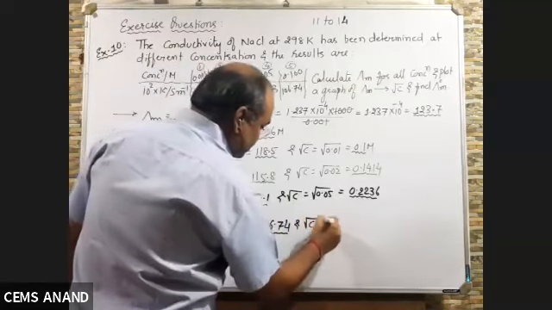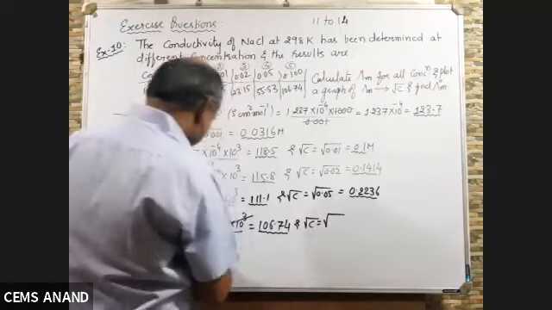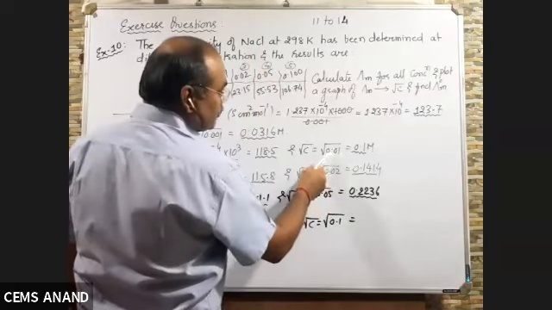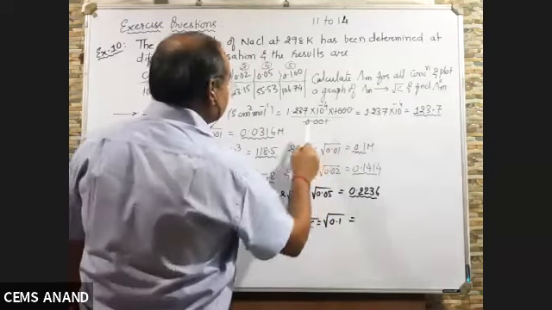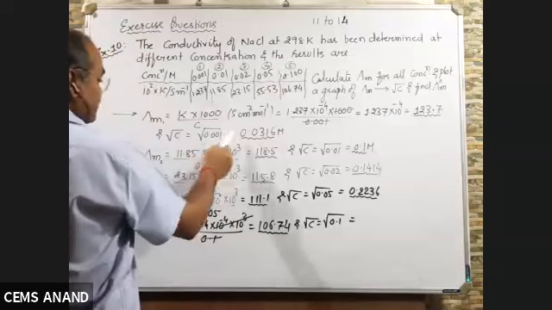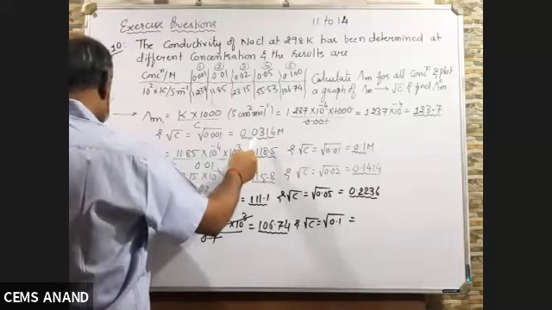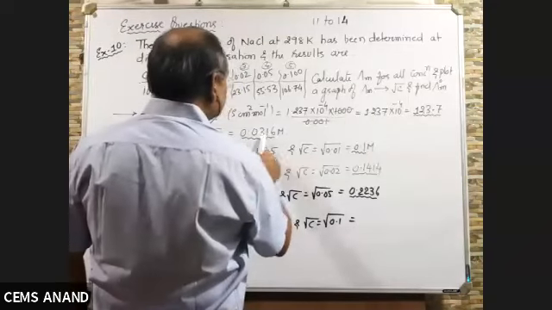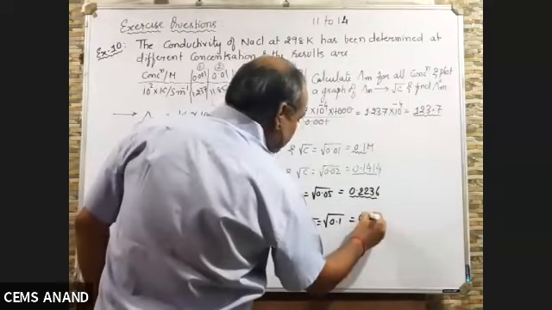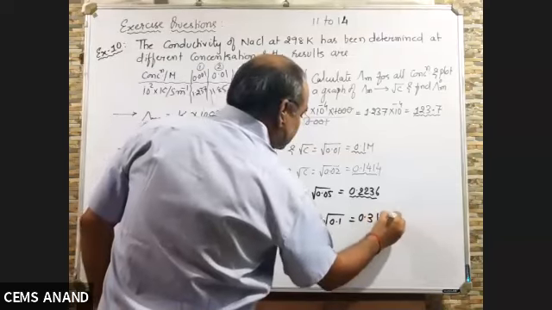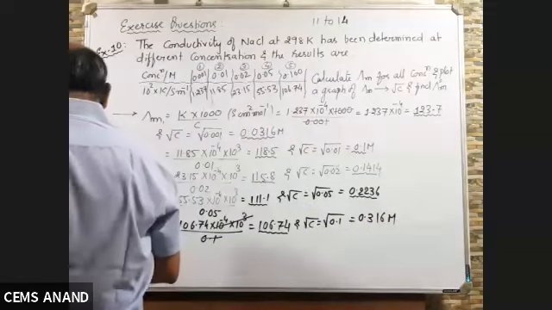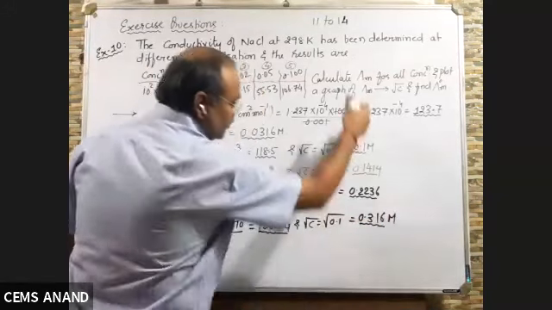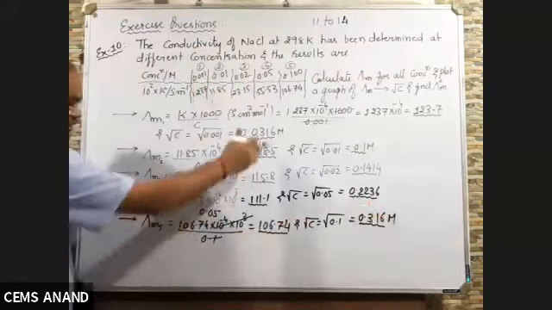And the square root of C, square root of 0.1. See, the first one was 0.001 and the answer was 0.0316. So here it will be 0.316 molar. So these are your total 5 values of square root of C and lambda m.